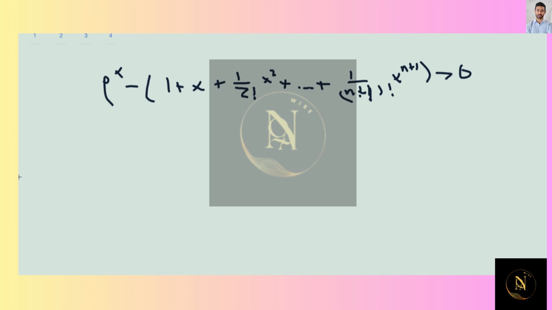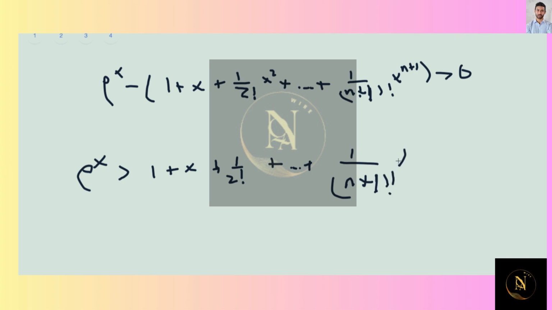And then we move over all that, so e to the x is greater than 1 plus x plus 1 over 2 factorial x squared, plus 1 over n plus 1 factorial x to the n plus 1. So that's the proof.